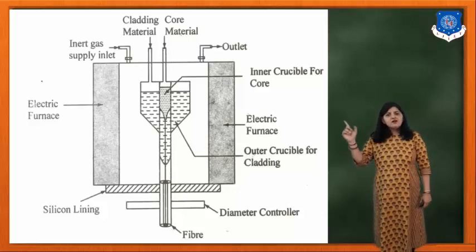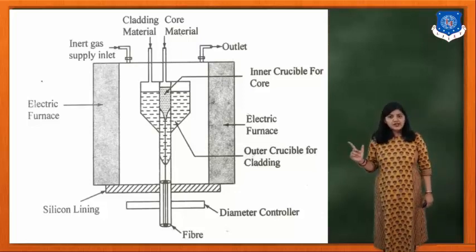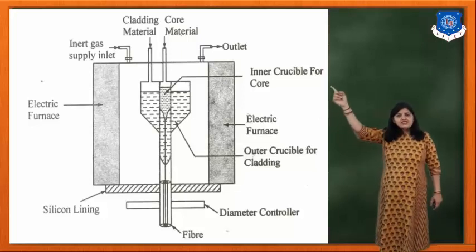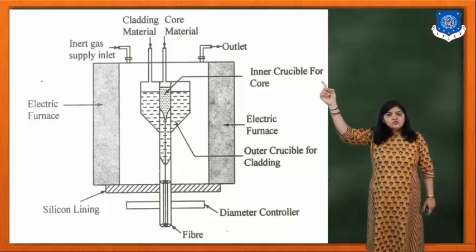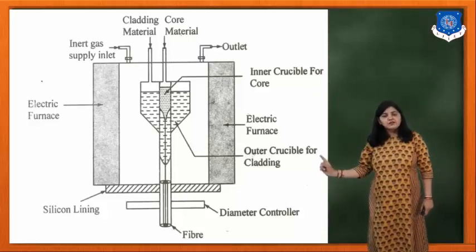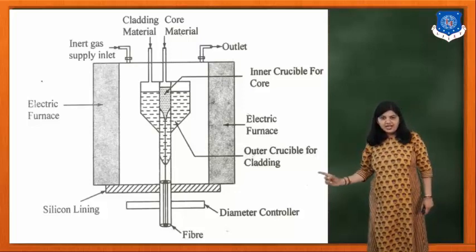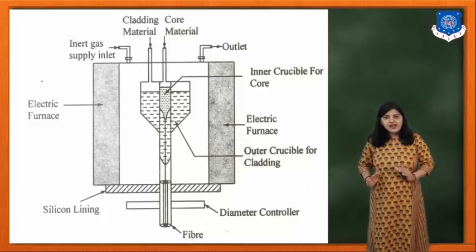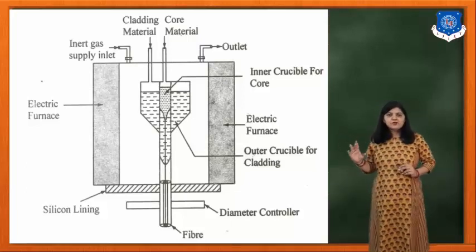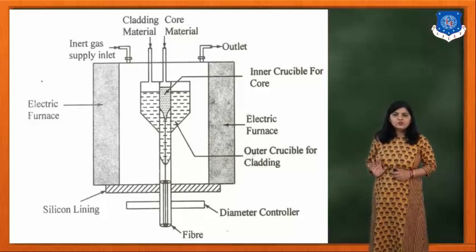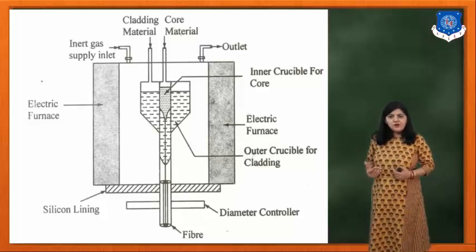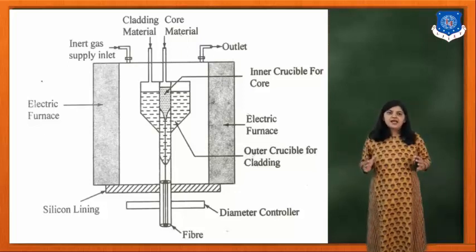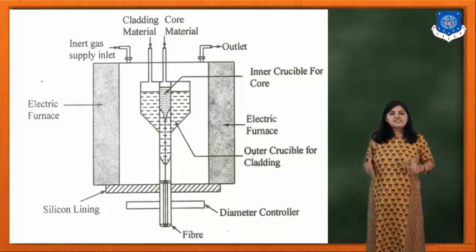Now the material suited for the core and the cladding is inserted into the inner crucible for the core and the outer crucible for the cladding. Now the electric furnace supply is on.